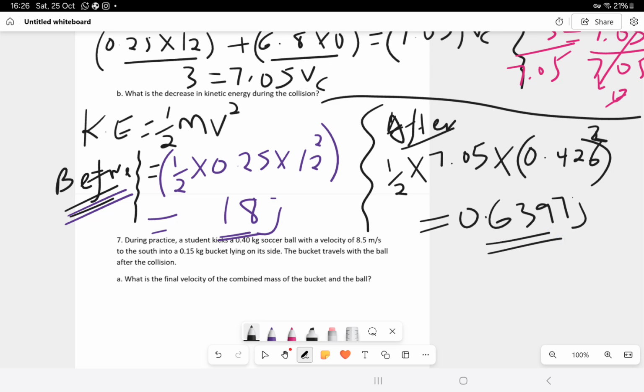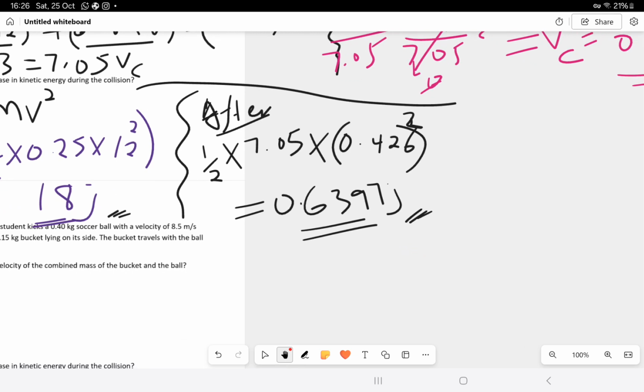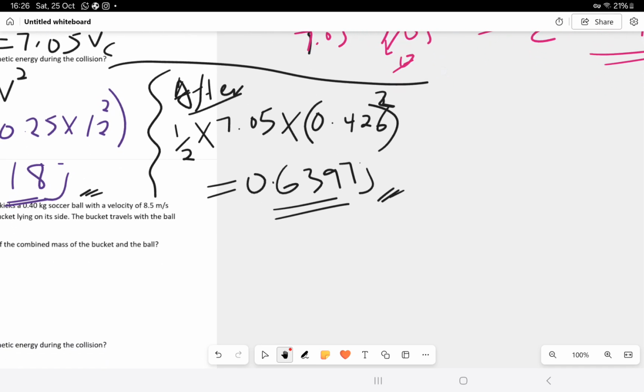See, the kinetic energy decreased from 18 to 0.6. Now they're asking you, what is the decrease? So we have to subtract again. Therefore the decrease will be very easy.